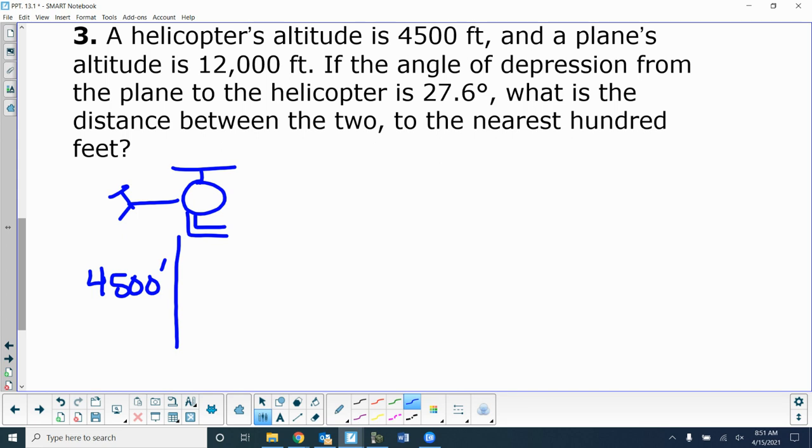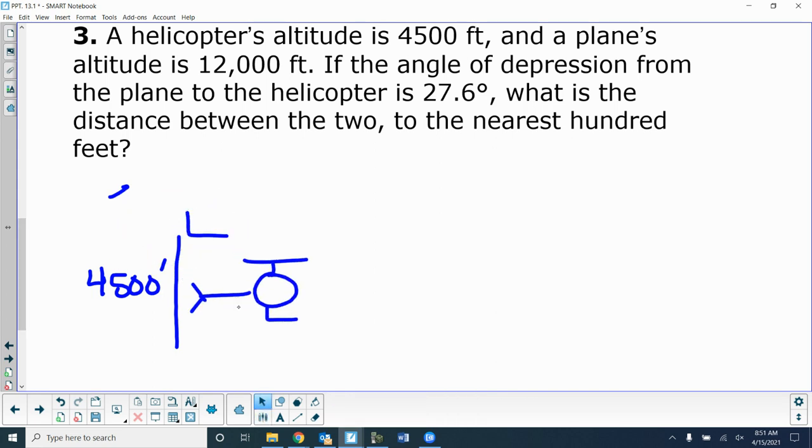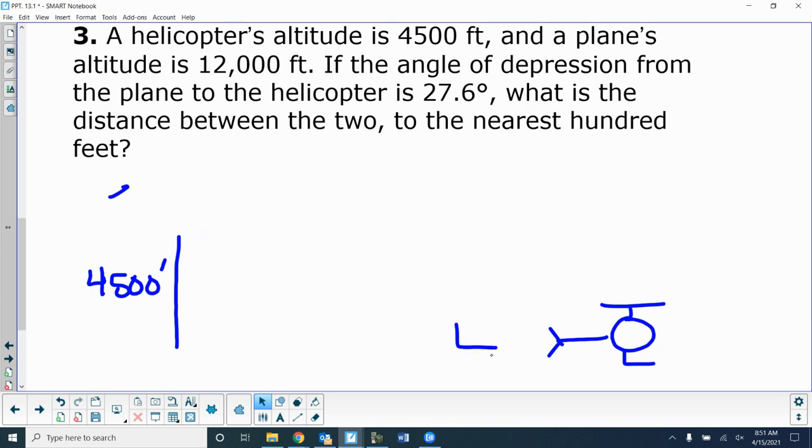Oh, and then a plane. Okay, so we got the plane that's way above it, right? All right, so the plane, I guess I should try to move this down. We'll put this down here. I'll get rid of this stuff for now.